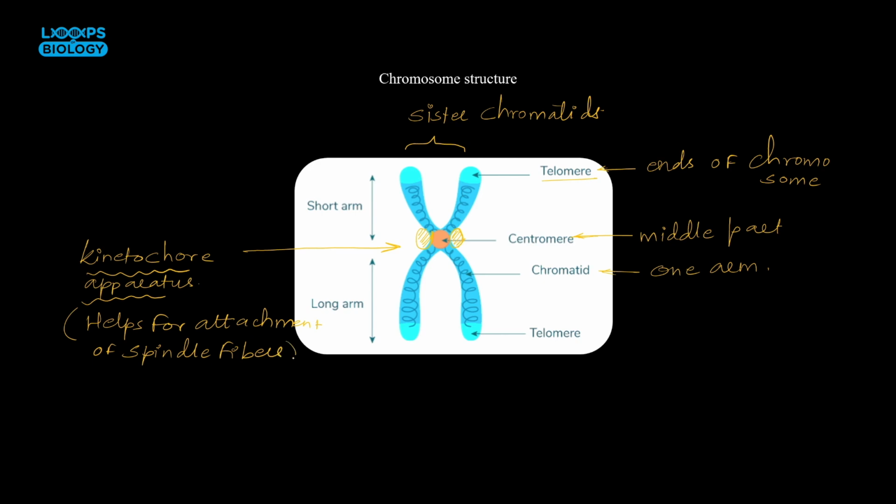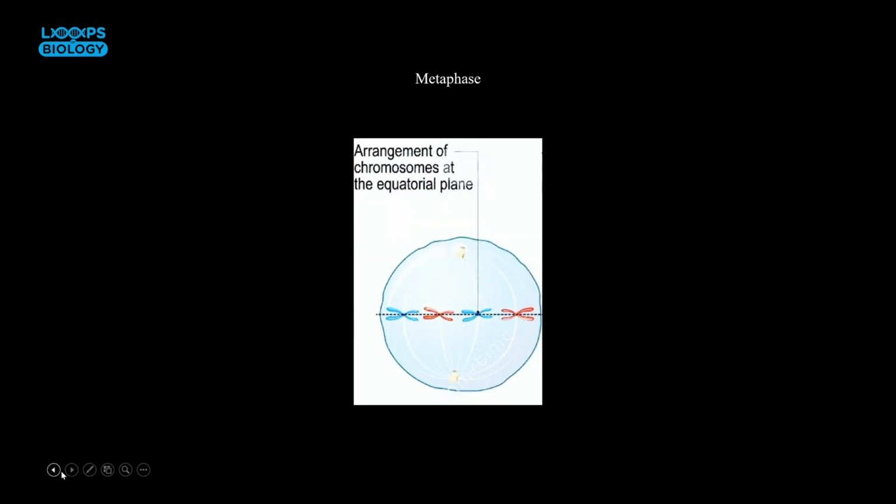So it is a hook-like structure where your spindle fibers are going to get attached so that the pulling force will be applied from both the ends. Alright. Now there is going to be a short arm. This short arm is called the P arm of the chromosome, while the long arm is called the Q arm of the chromosome.